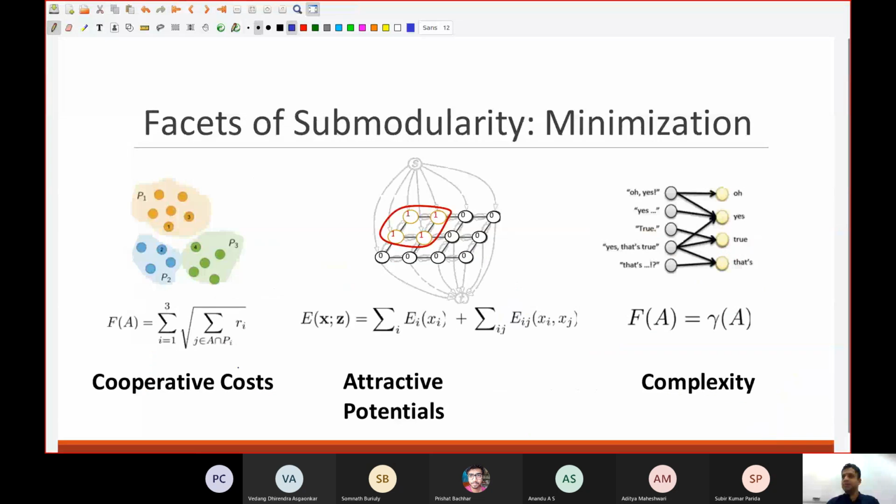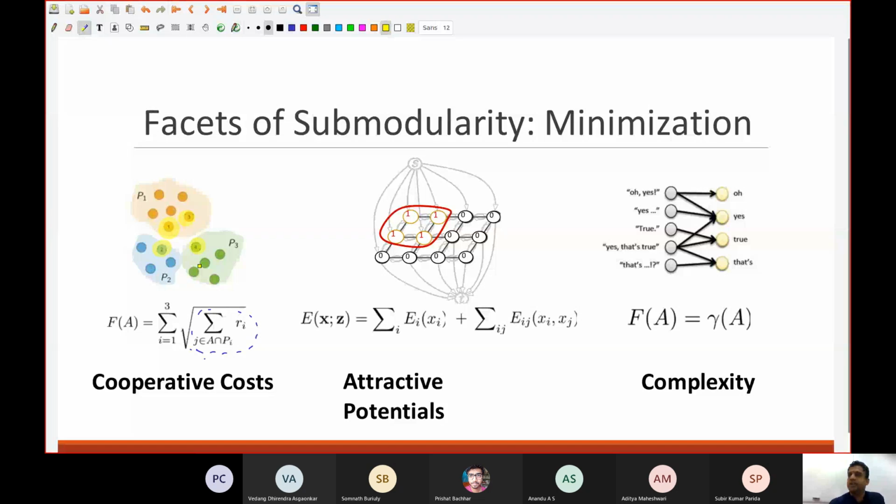I'll give examples of each of these in more detail, but the reason it's submodular is that you're looking at a set A and how much, let's say this is my set A. Let me shade it in a different color. So let's say my set A consists of these points, which are marked 1, 2, 3, 4. What I'm doing here is looking at the intersection A has with P1.